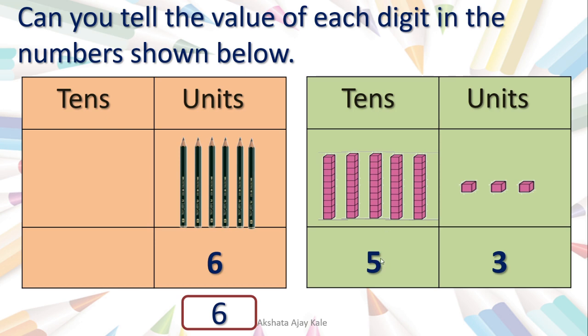Means there are 50 boxes. Correct? There are 5 bundles. And 5 is in tens place, so 5 tens are 50. Isn't it? And the value of 3 remains as it is because only 3 single units are there. So 3 remains as it is, that is the value is 3. Okay.